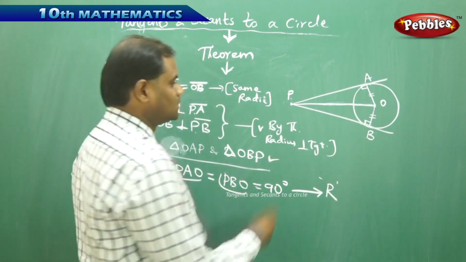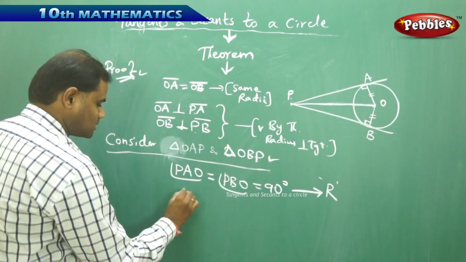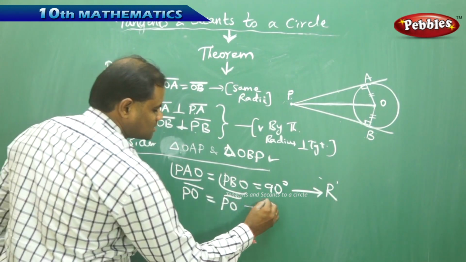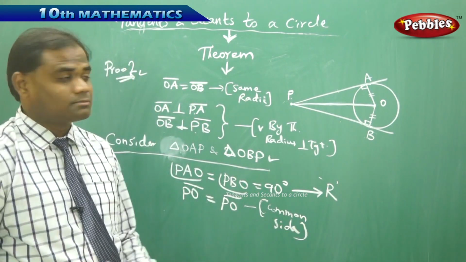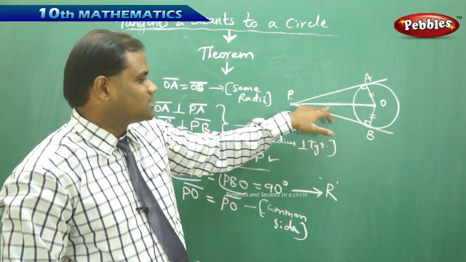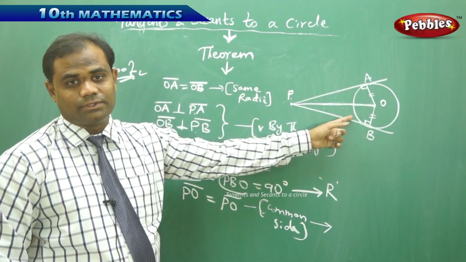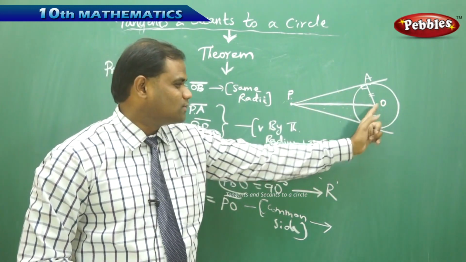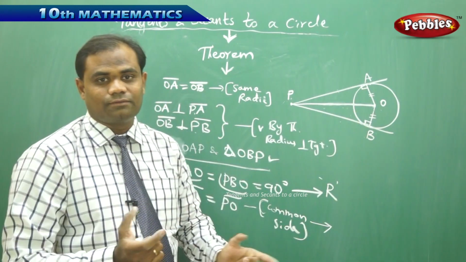Similarly, PO is the common side of the two triangles, so PO equals PO. Interestingly, PO is also the hypotenuse for both right triangles OAP and OBP, as this side is opposite to 90 degrees in either triangle.